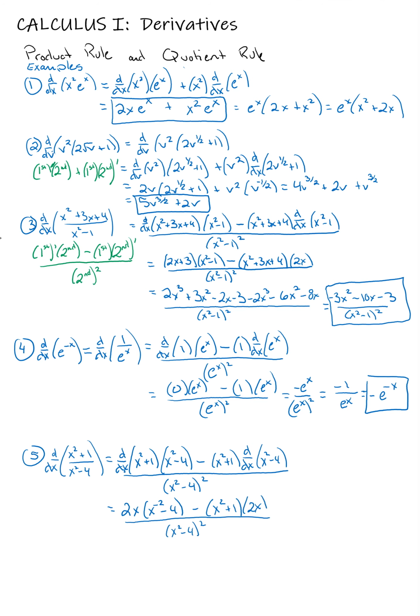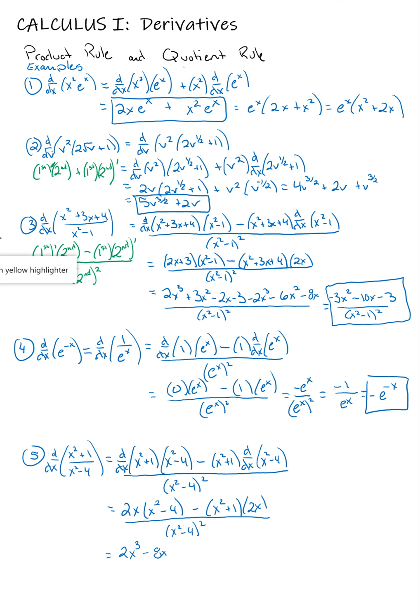Let's see, in the numerator, we can go ahead and multiply those. Here in the first one, I simply distribute that 2x. That gives us 2x cubed minus 8x.